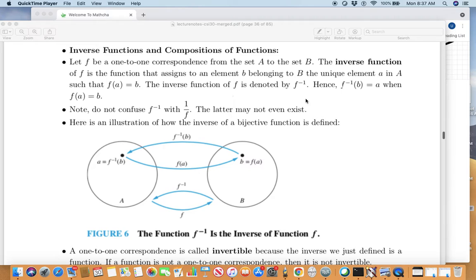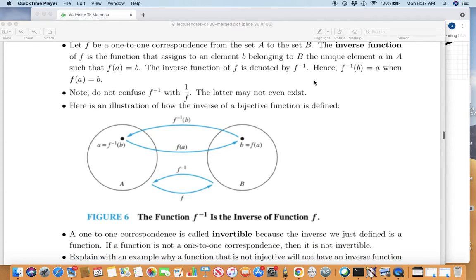The inverse function of f is denoted f^-1. Note, do not confuse f inverse with 1 over f. 1 over f is a different function which may not exist, but f inverse exists for every bijective function.